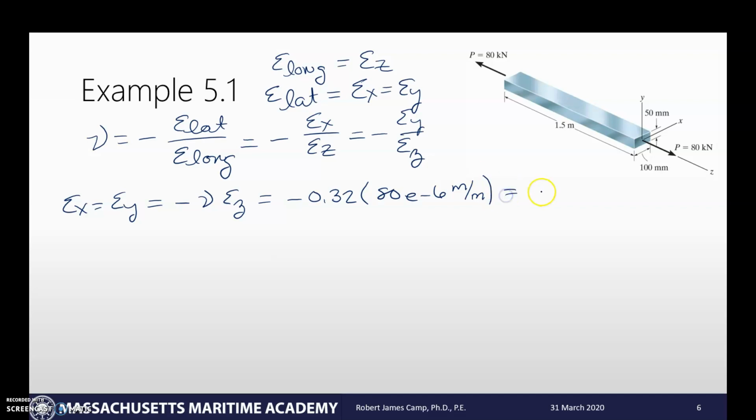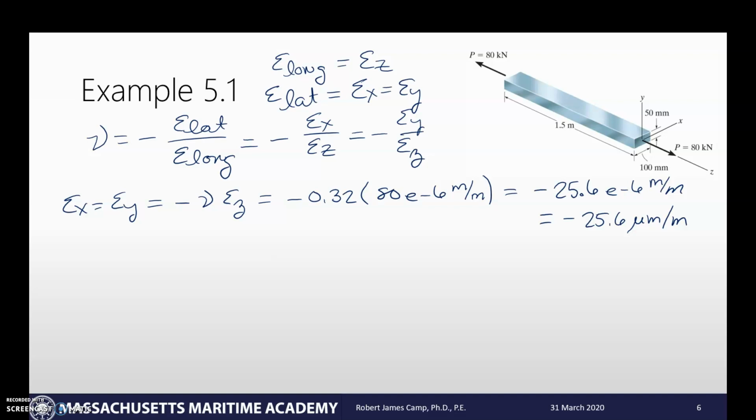And so what we get is negative 25.6 times 10 to the negative 6 meter per meter, or more traditionally, negative 25.6 micrometers per meter. So we're shrinking in those other directions equally.